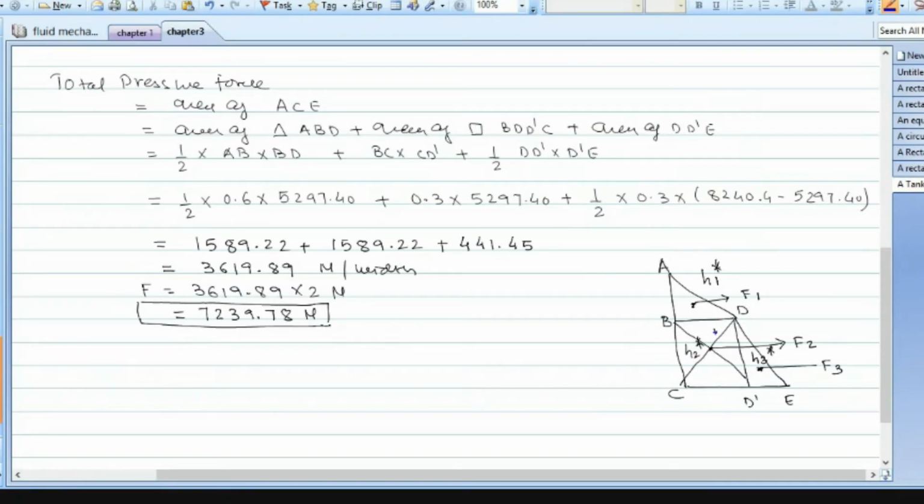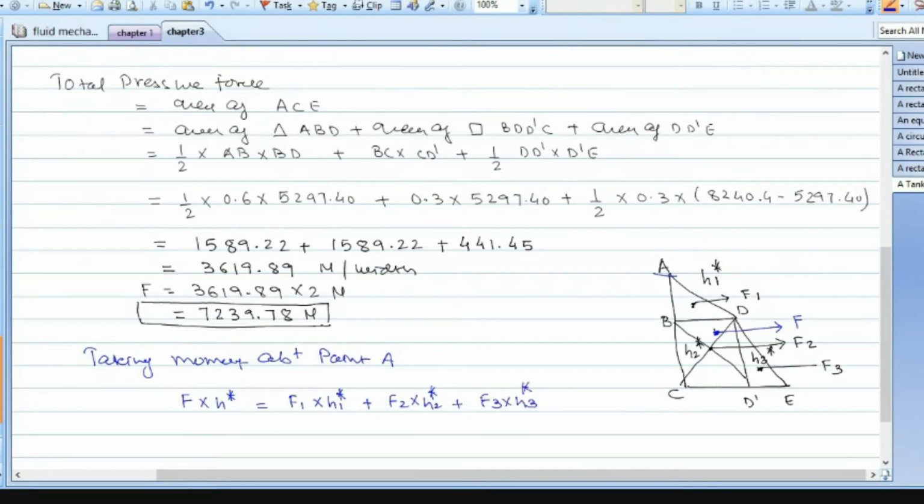Suppose H star is located over here, so the total pressure force is acting over here. So we take the moment about point A, and from that we calculate the height. Taking moment about point A, we have F into H star equals F1 into H1 star plus F2 into H2 star plus F3 into H3 star.